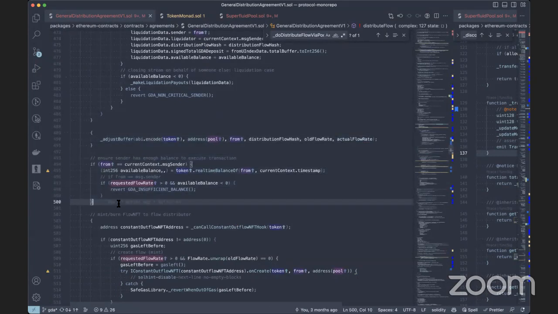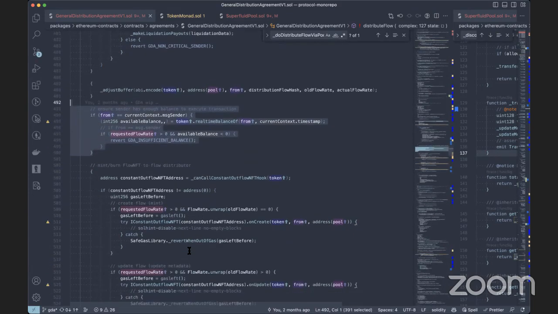We also need to ensure that the sender has enough balance to execute the transaction. Let's say they don't have enough balance because of the buffer, then this just reverts.